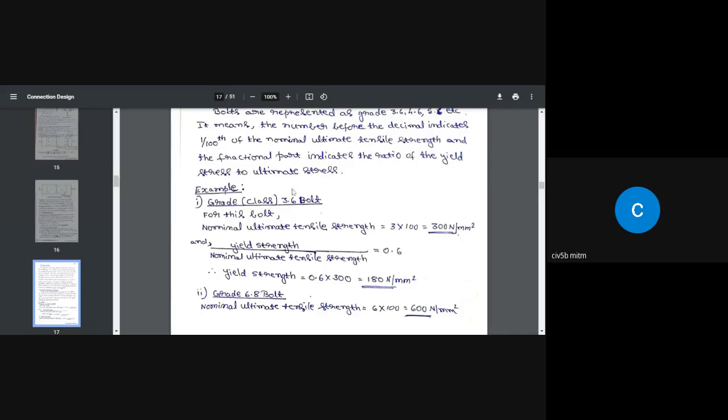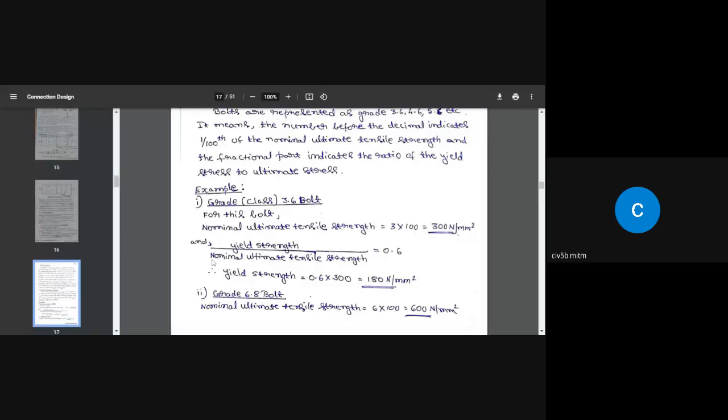Then what is this 0.6? That 0.6 is nothing but yield strength divided by nominal ultimate tensile strength.